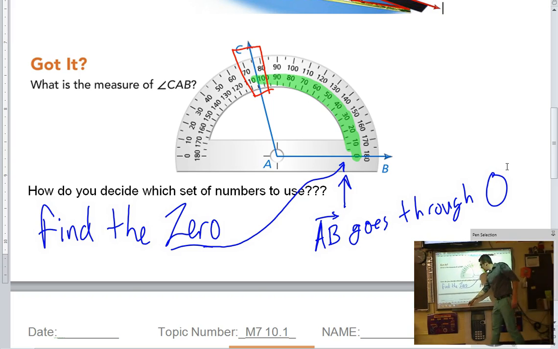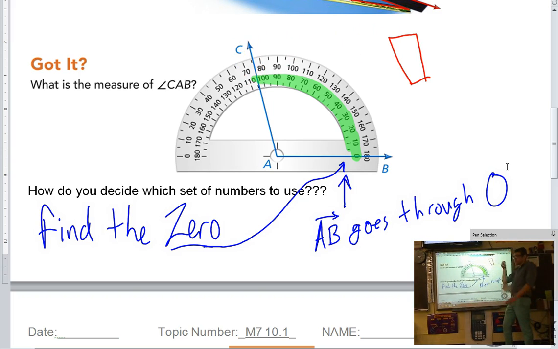But the other way, if we're really close, is to just look for where I go through 0. So either way works. If you know about the angle already, you know it's obtuse, you know which number set you're restrained to. So this angle goes through 75, but that wouldn't make any sense because we can see this is obtuse.